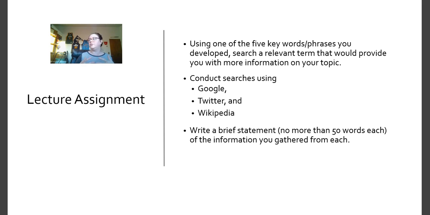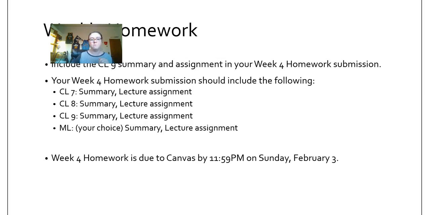What other key terms or hashtags are trending along with your keywords? What kind of accounts do you see most frequently? In Wikipedia, what kind of content are they including? Who are they citing? These are all things that you can think to address in your write-up for each platform: Google, Twitter, and Wikipedia.